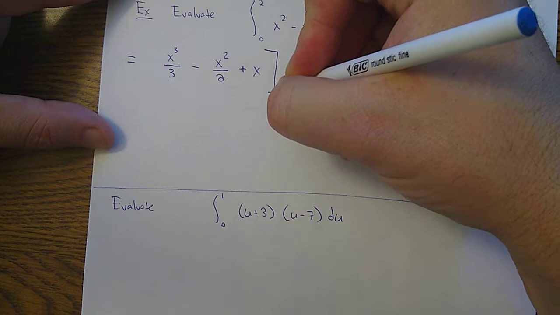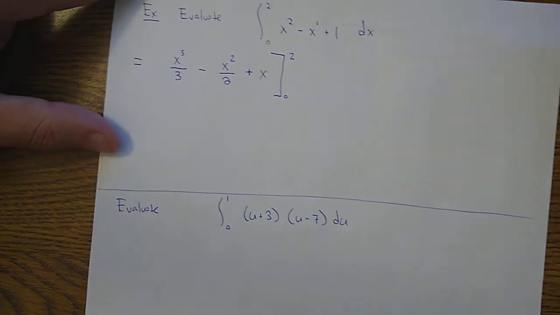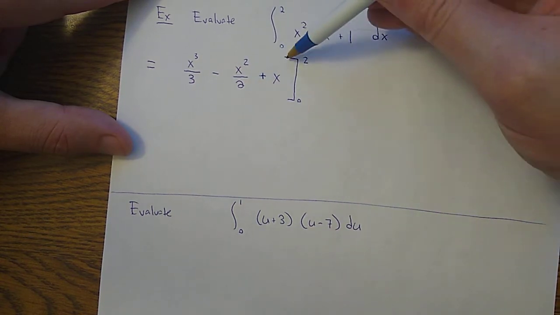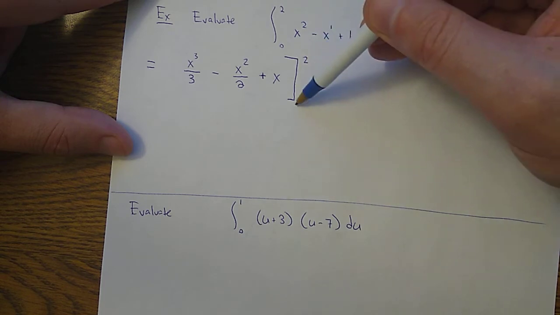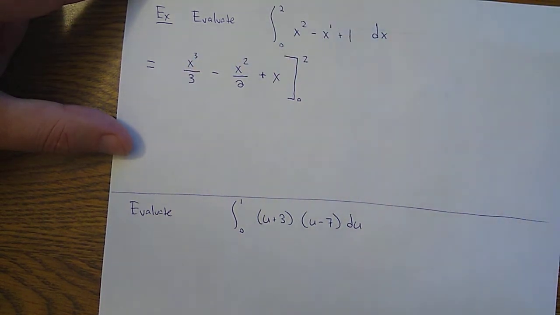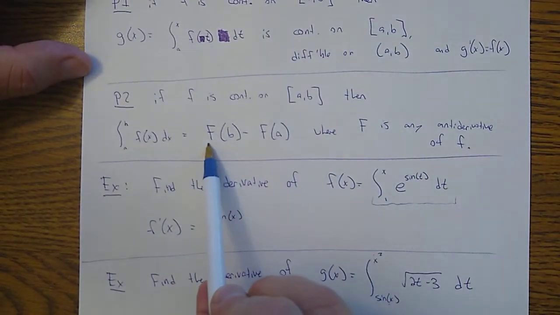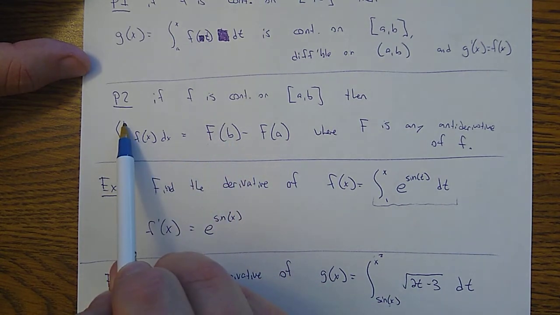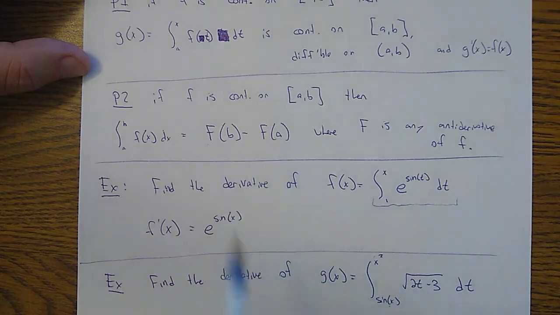So what I do, and this is typical notation for when you're evaluating an integral, I wrote down the antiderivative. This notation is telling me that I'm going to plug in 2 and then I'm going to plug in 0 and subtract, because that was the plan all along, right? We were finding the antiderivative, and then I was plugging in the top number, which was 2, I was plugging in the bottom number, which was 0, and I was subtracting.